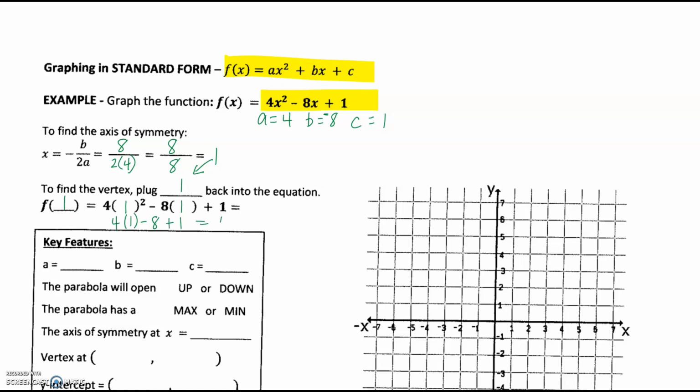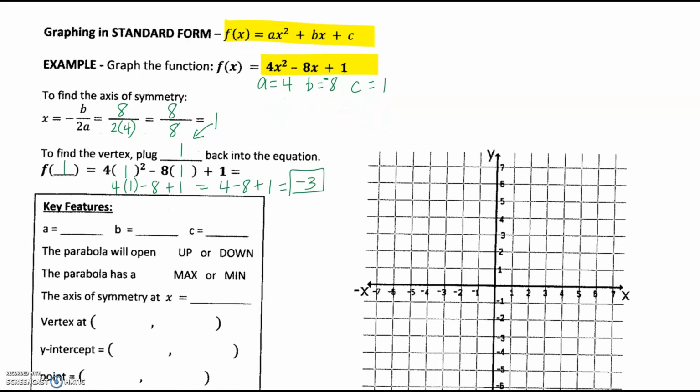So this equals 4 minus 8 plus 1. 4 minus 8 is negative 4. Negative 4 plus 1 is negative 3. We have created our vertex now. Our vertex is the ordered pair, 1 from the axis of symmetry and negative 3 from plugging that 1 in.